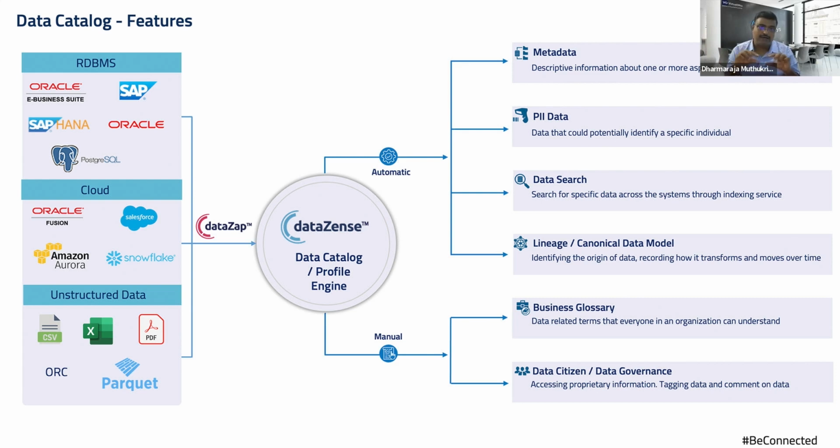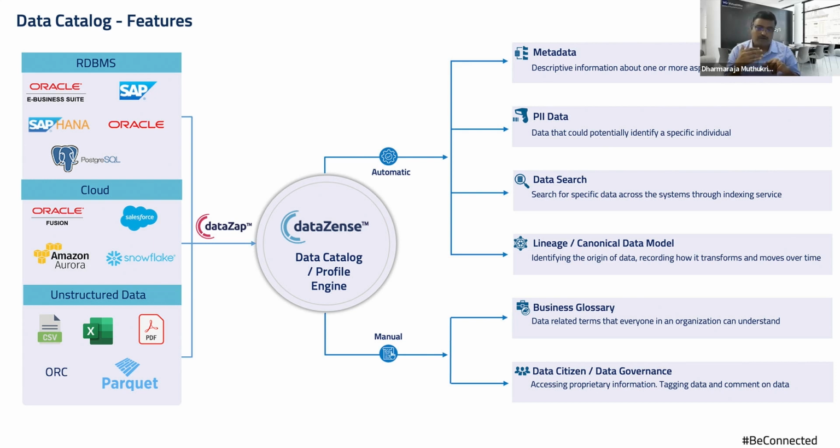So there is a clear mapping, and it gives you a clear representation of the lineage flow in a very clean graphical manner, similar to an ER model. So this happens automatically through the process of DataZense.